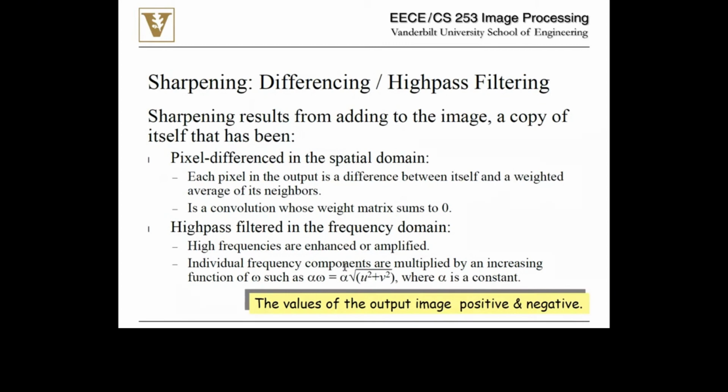And what about high-pass filters? When you do it in the spatial domain, each pixel is the difference between itself and a weighted average of its neighbors. These are the kind of filters we were seeing to compute derivatives in real space.